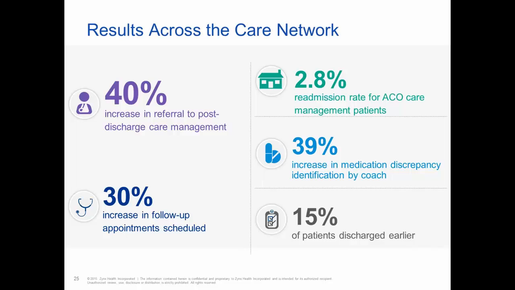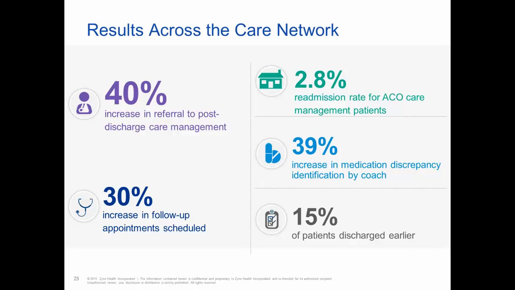We also saw other process measures improve significantly, which contributed to those outcomes. A very telling number is the 30% increase in follow-up appointments that were scheduled with the safety net clinic for patients who didn't have PCPs. With the touch of a button, the inpatient case management team was able to notify the clinic coordinator about a patient's need for a follow-up appointment, say 3 days post-discharge.